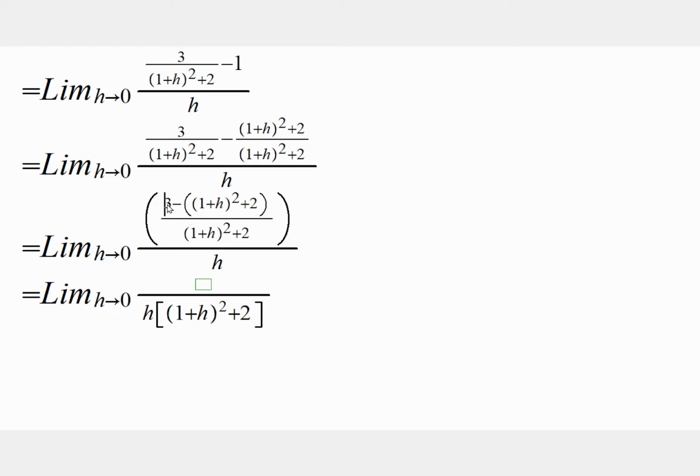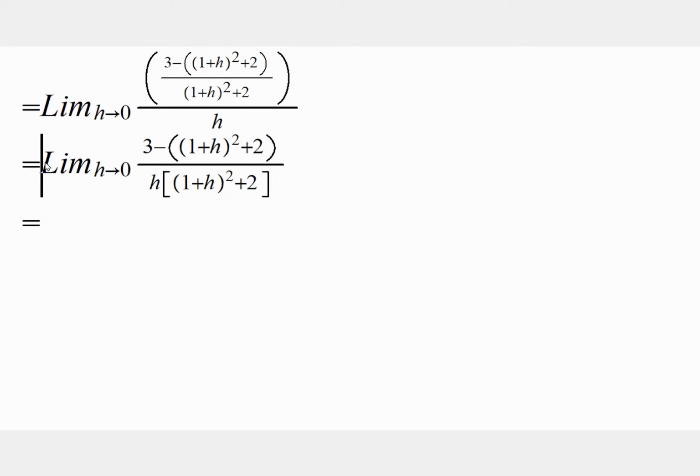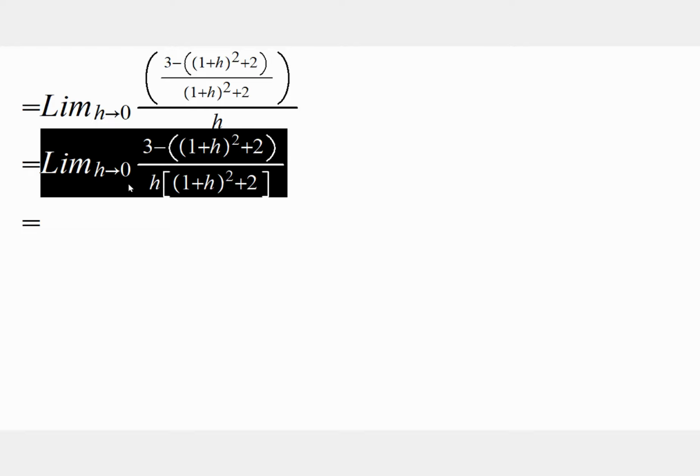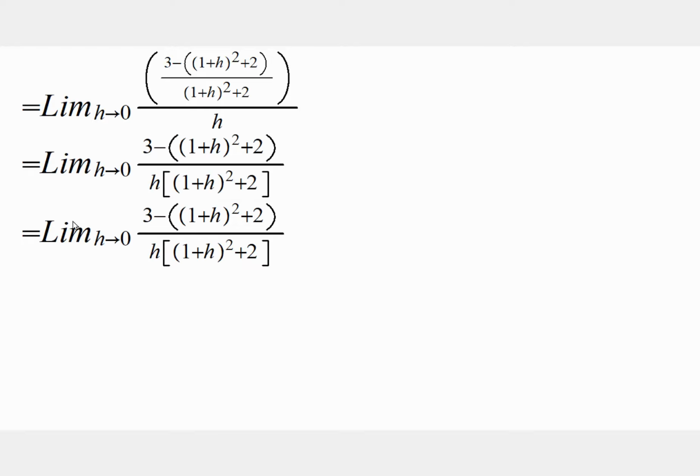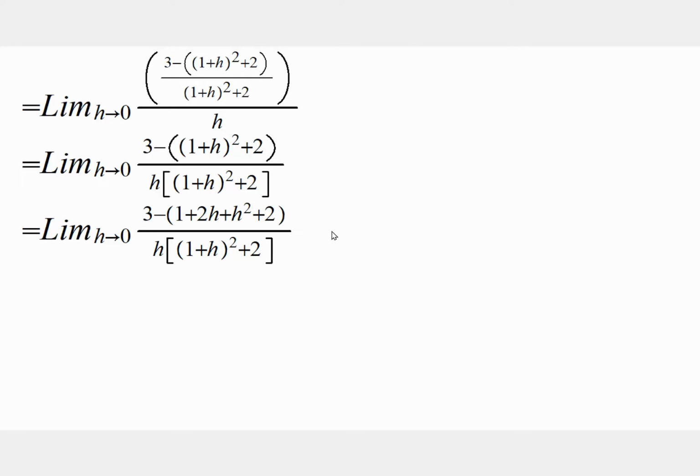And then in the numerator I got this, and all we are doing is just reviewing our algebra 1, and it doesn't hurt to review it. So let's FOIL it. If we FOIL it, what do we get? 1 plus 2h plus h squared. So we got that.